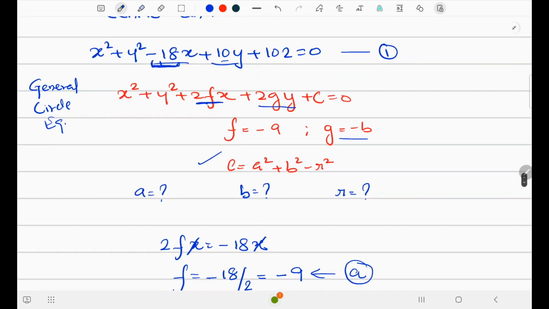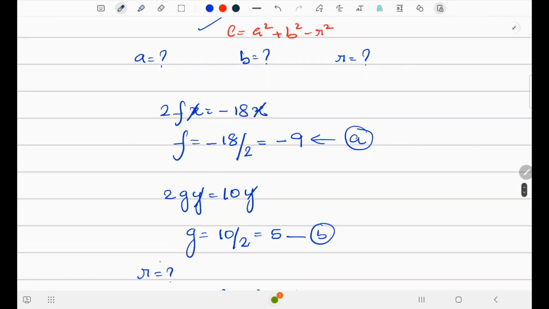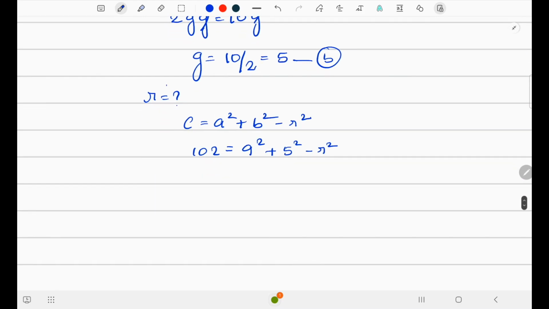What is c here? c is 102. So 102 equals 9 square plus 5 square minus r square. So 102 minus 81 minus 25 equals minus r square.